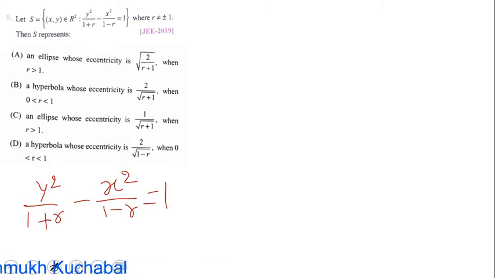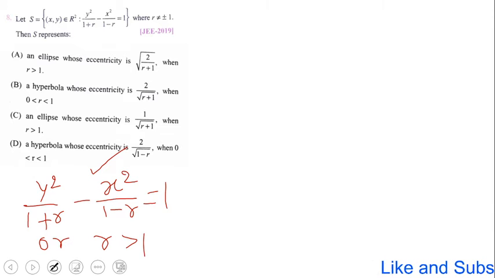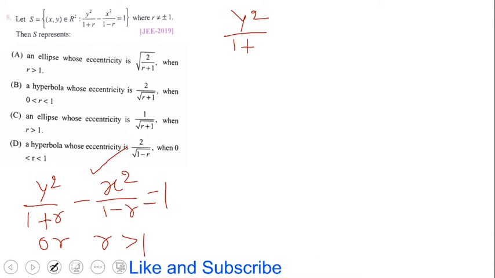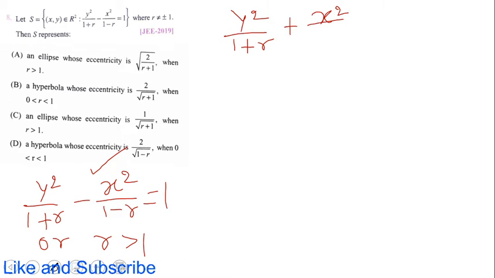Or we can write this as: if the value of r is greater than 1, then the second term will become a positive quantity. So because r is greater than 1, I can write y square by 1 plus r plus x square by r minus 1 equal to 1.